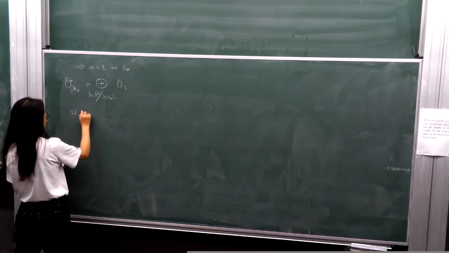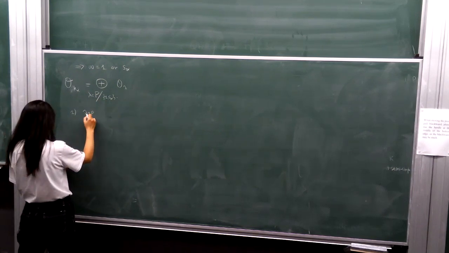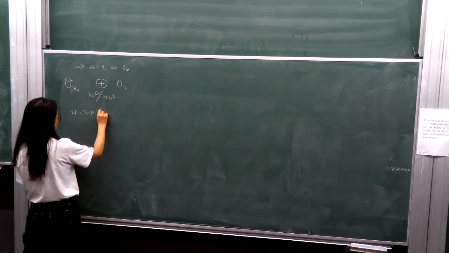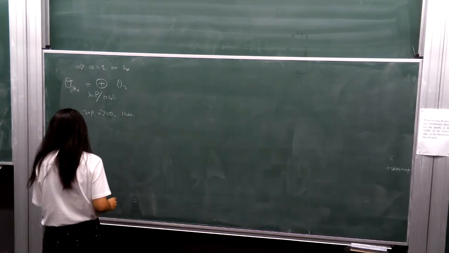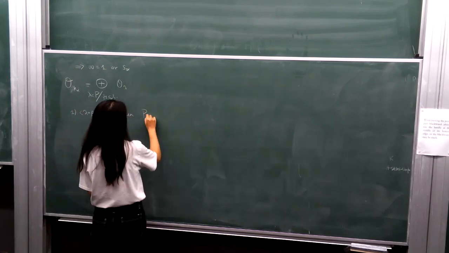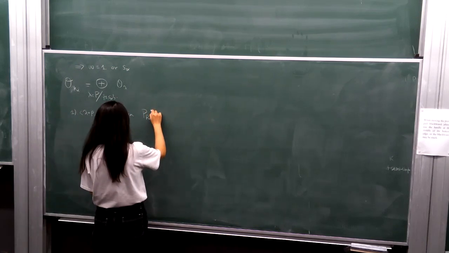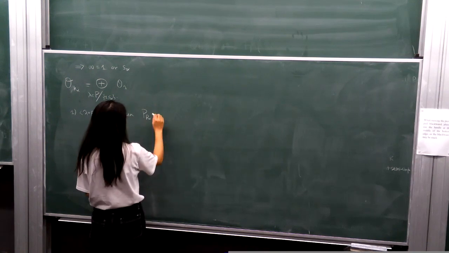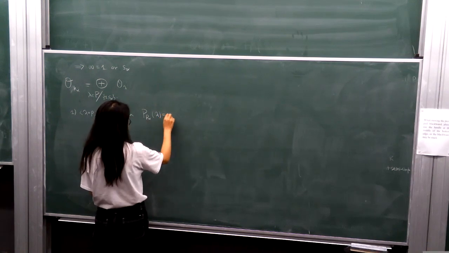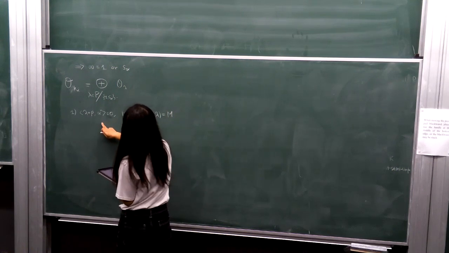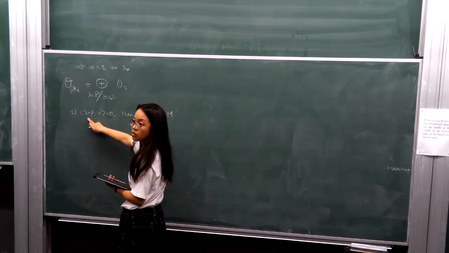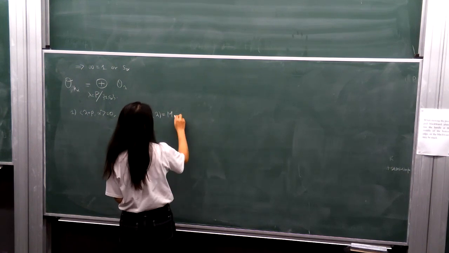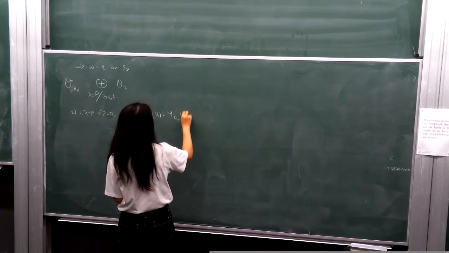First of all, if lambda paired with alpha check is 0, then the category is again semisimple. This is because S alpha dot lambda is the same as lambda itself, and so this is given by the simple object itself.